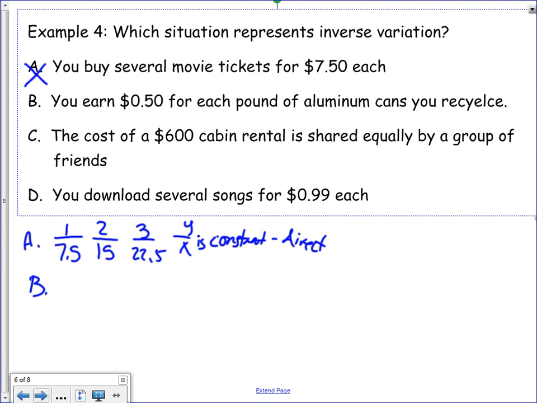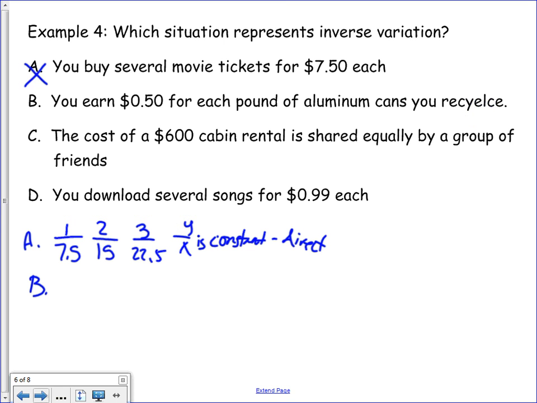B, we earn 50 cents for each pound of aluminum cans we recycle. Sorry, that should say recycle. My smartboard's a little bit off, so we'll just rewrite the whole word: recycle.